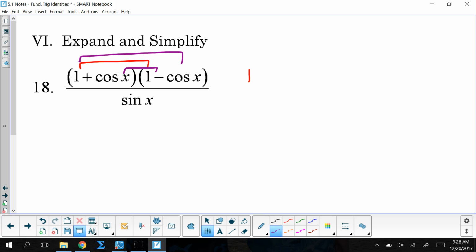What is that? Minus cosine of x plus cosine of x goes away, right? Okay. Minus cosine squared.